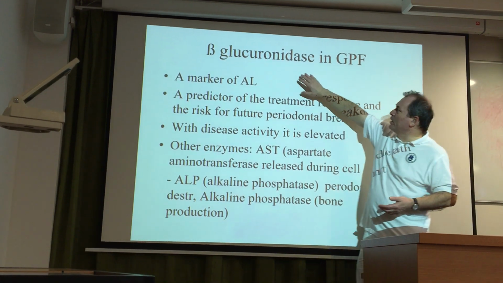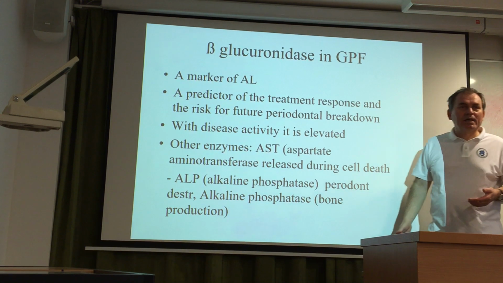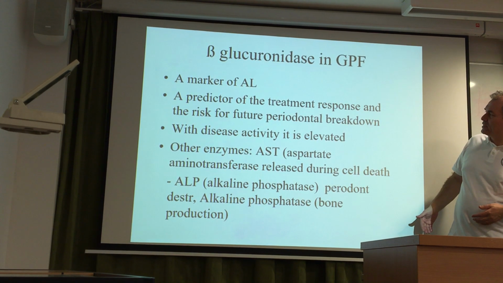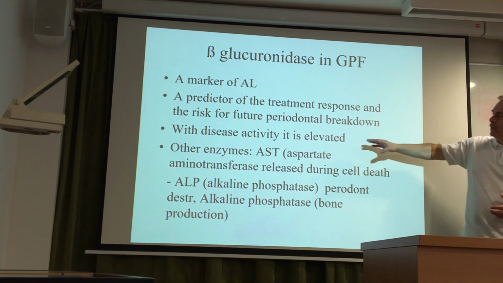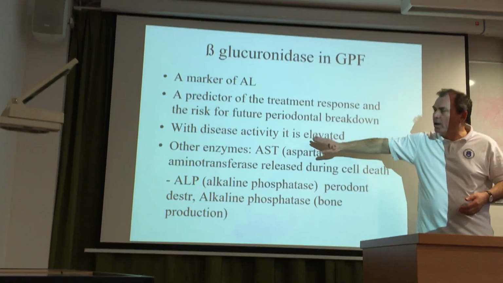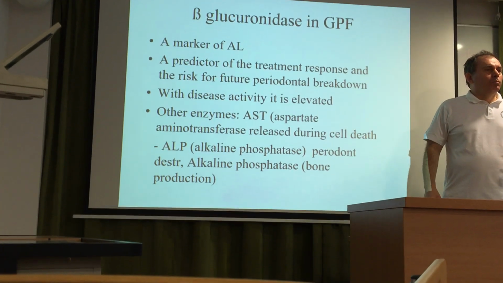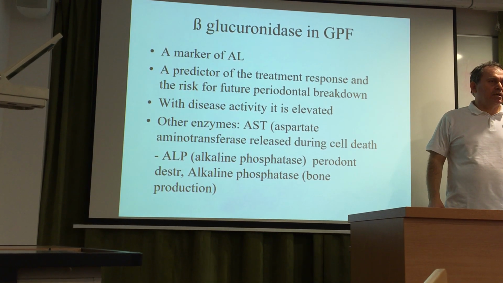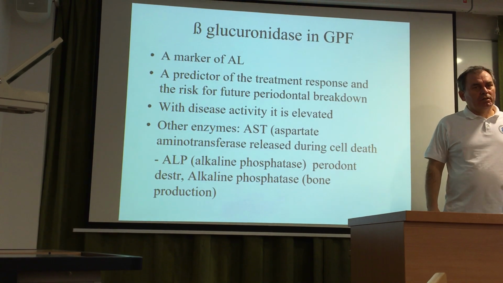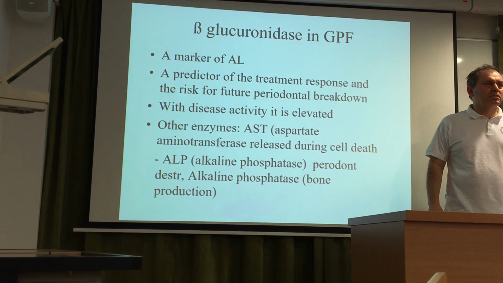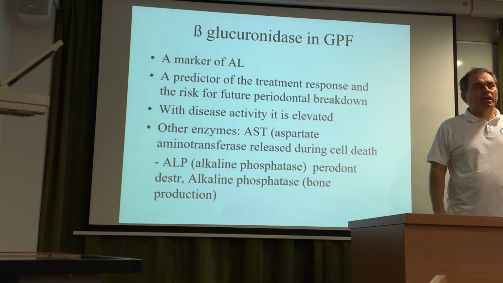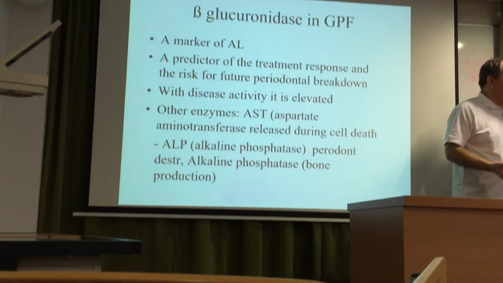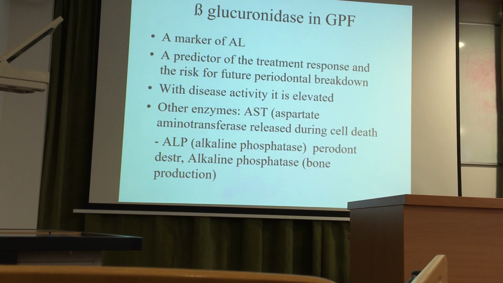So in attachment loss, you can see that this enzyme content is increased, higher in concentration and in activity of the disease, because periodontitis is a chronic disease. Sometimes you can see the activity is increased, but sometimes you cannot see any activity, but the disease or the process is there, with no significant disease activity.